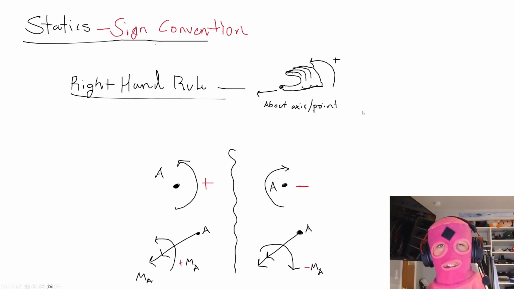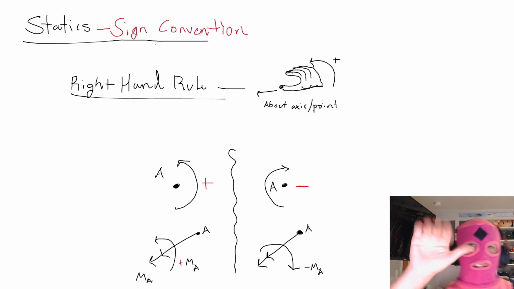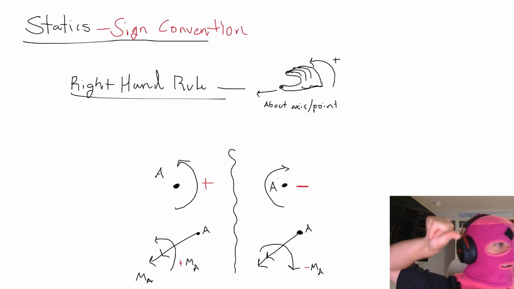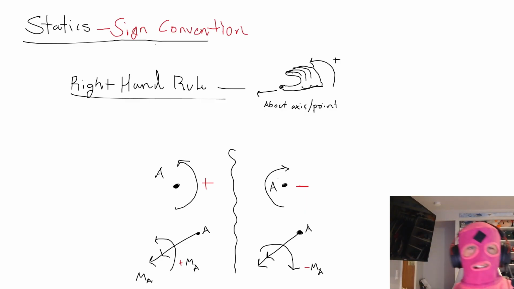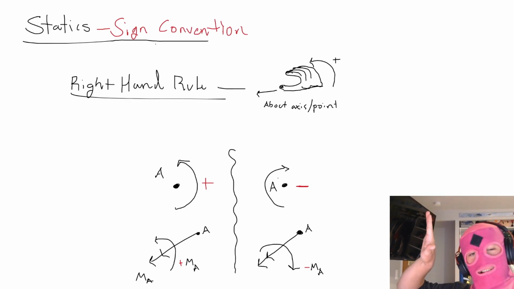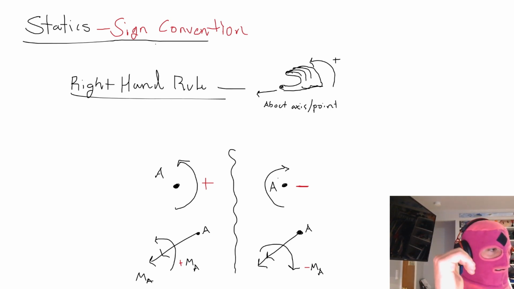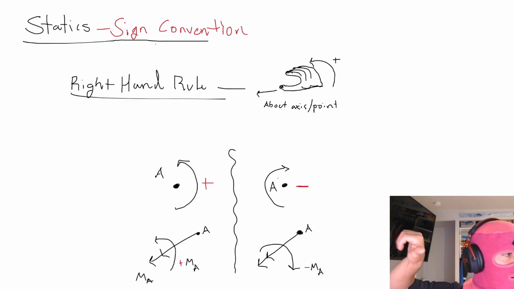Statics, sign convention, woohoo! Right hand rule. For you guys, like this. Don't forget about that right hand. Okay? Thumb points along the axis, or about a point. Like see point A? Point A is my point. I'm sticking my thumb out of the page, and the direction my hand curls is positive.